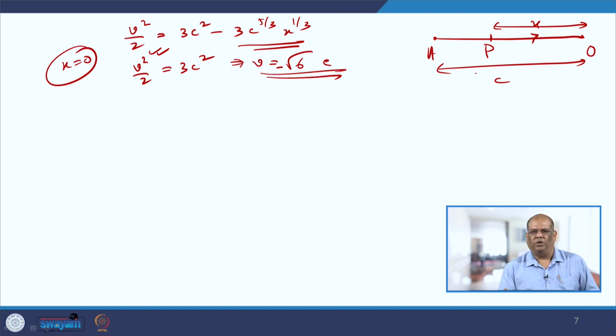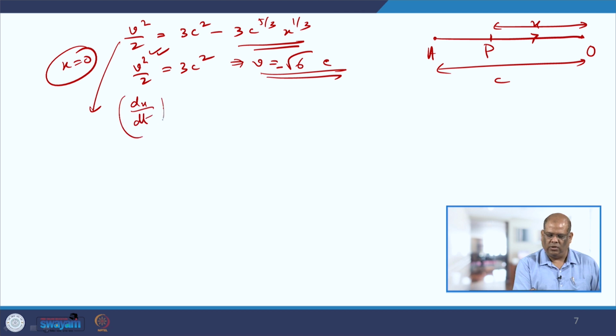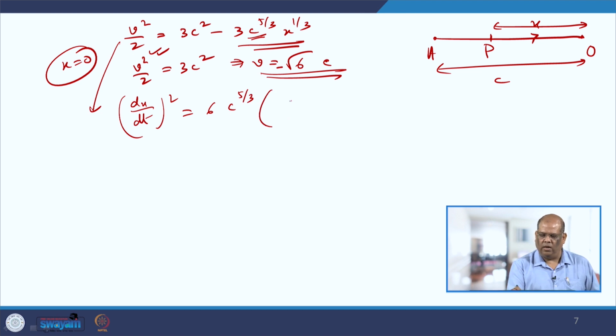Now, you want a relation between x and t, and you integrate this. So, you write dx dt whole square, multiply this 2. So, 6 times, I take c to the power 5 by 3 common, and if you do that you will get c to the power 1/3 minus x to the power 1/3. So, it is made like that so that it looks a bit symmetrical.